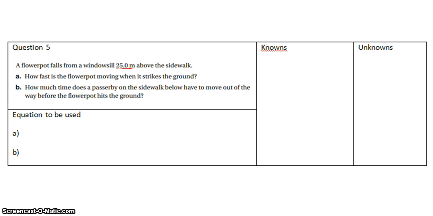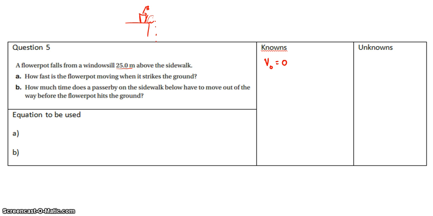A flower pot falls from a windowsill. So if you can picture, here's my windowsill, here's my flower pot, here I've got my flower in it, and it just falls over the edge and starts moving down. So if we think about this, the initial speed of the flower pot, right when it starts to go over the edge, is 0.